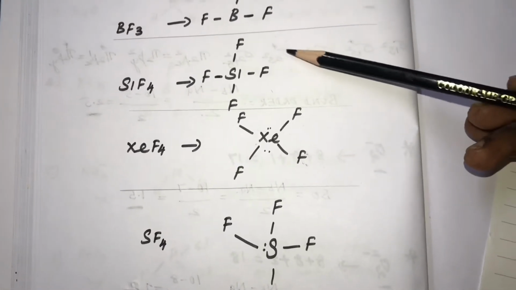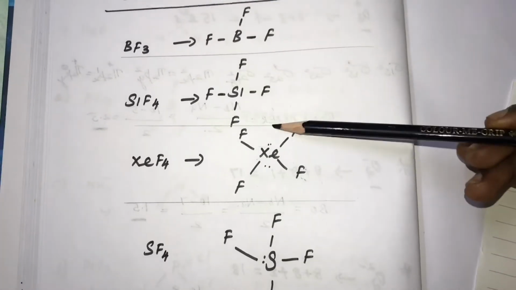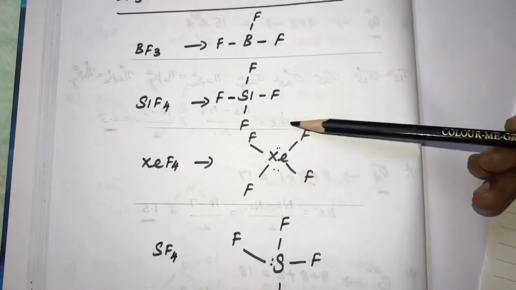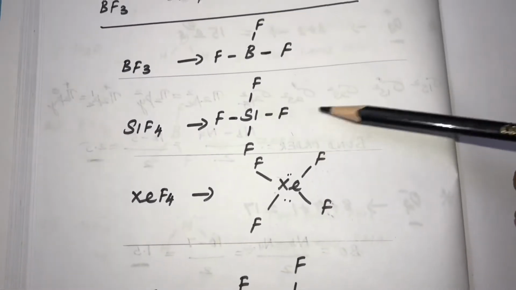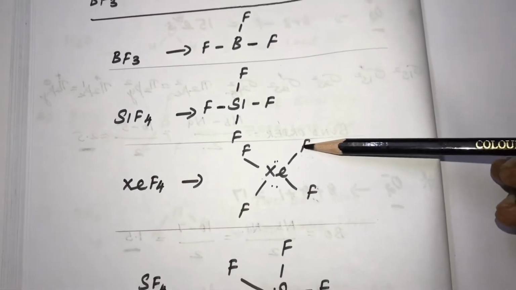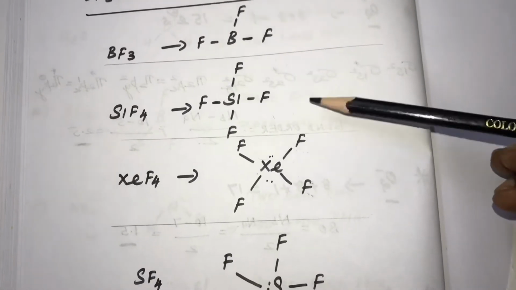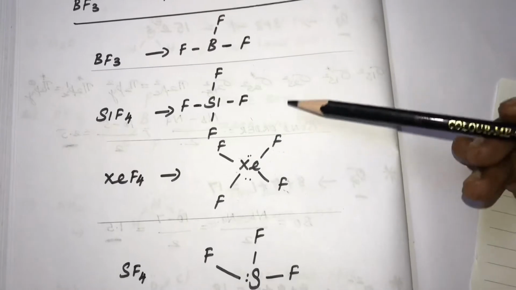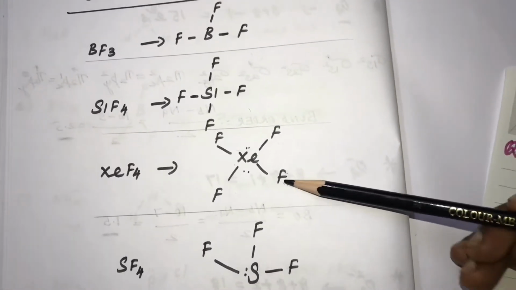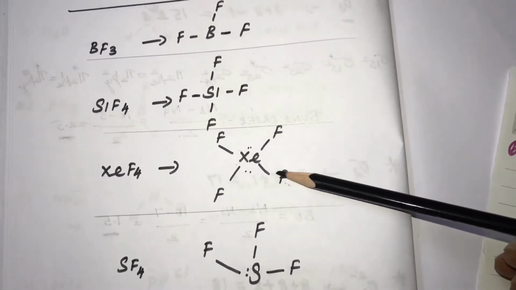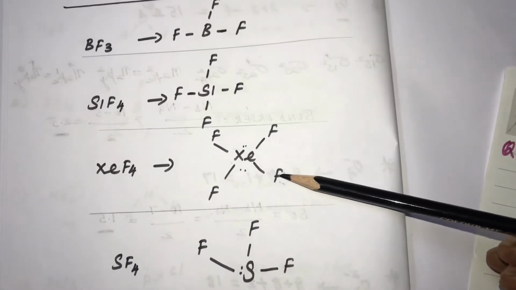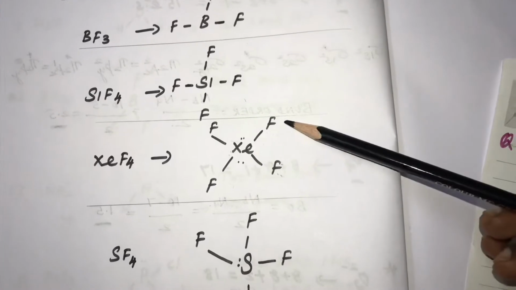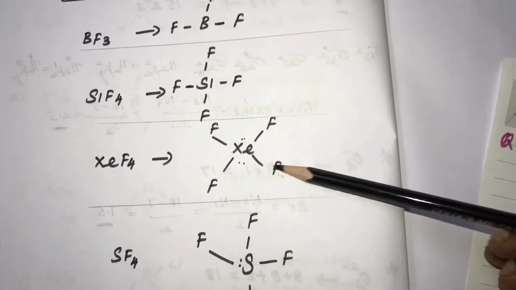The structure and the symmetry of the molecule determine the polarity of the molecule. Even though the molecule contains polar bonds, the symmetry determines the polar nature, because if it possesses proper symmetry, the polarity of one bond gets cancelled by the polarity of the other bond which is present opposite.